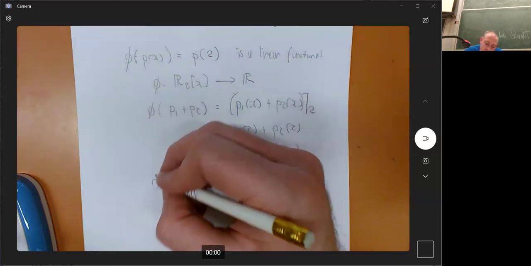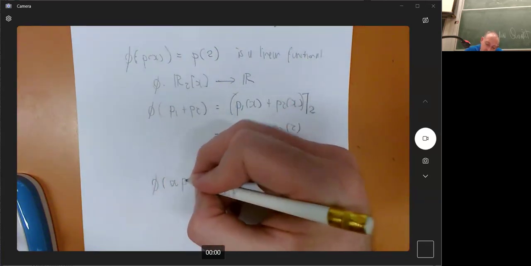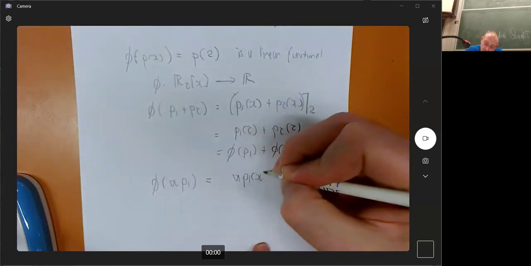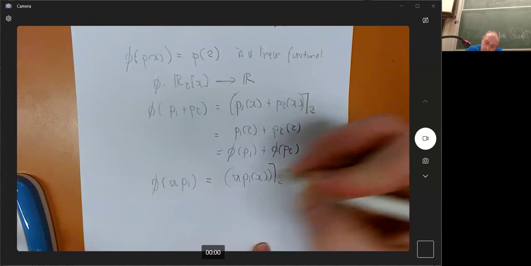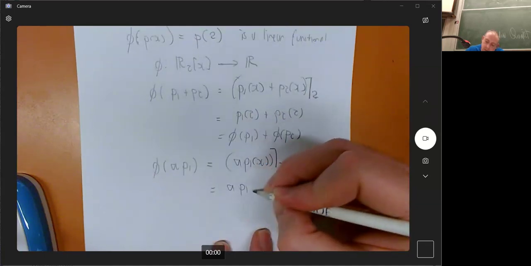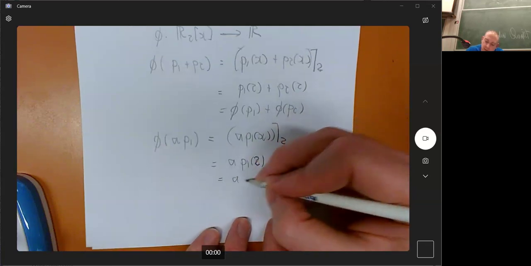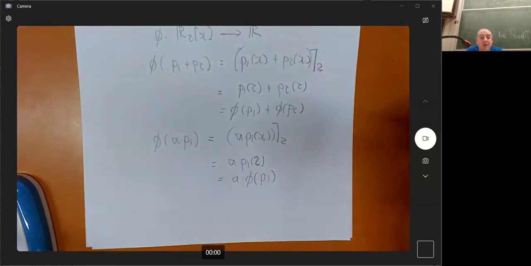And the other thing for it to be a linear functional is you have to be able to multiply by a constant and the same thing will happen. And it does. So it really is a linear functional.